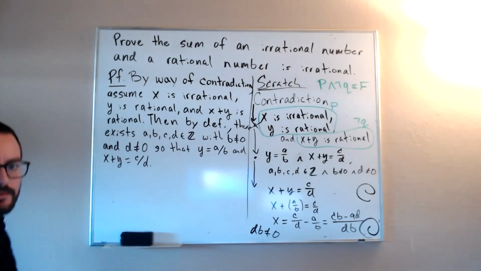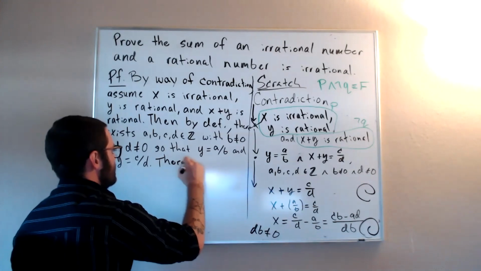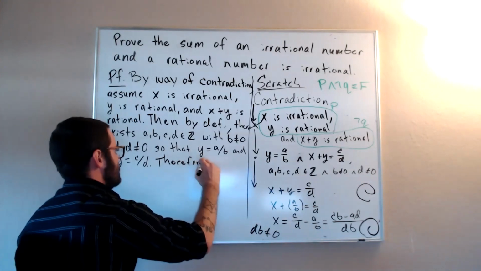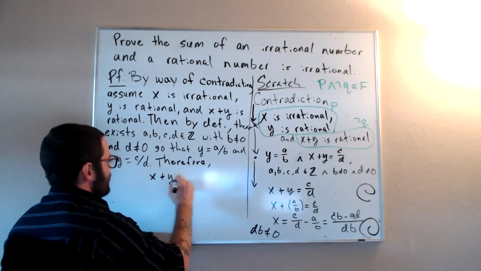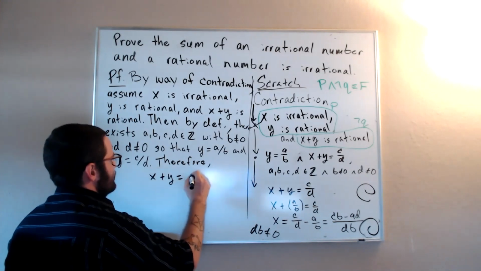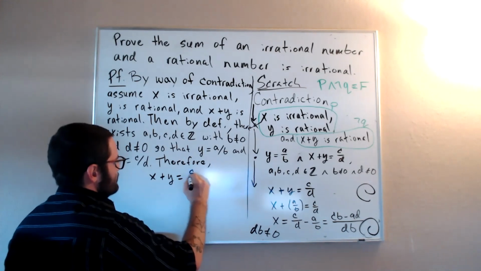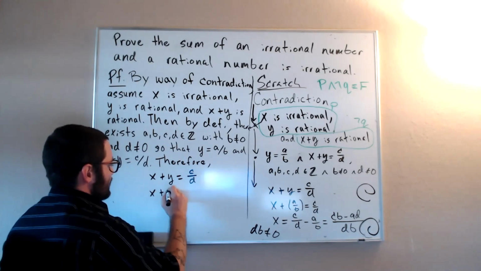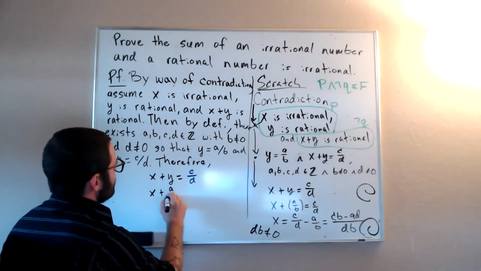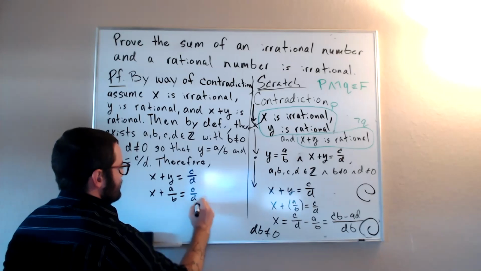Okay. So then, therefore, x plus y is equal to c over d. But this is the same thing as saying x plus a over b is equal to c over d.